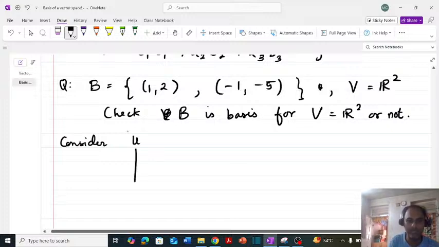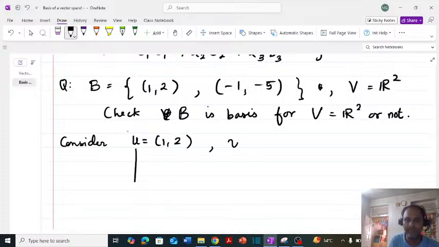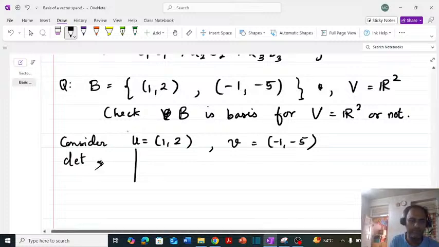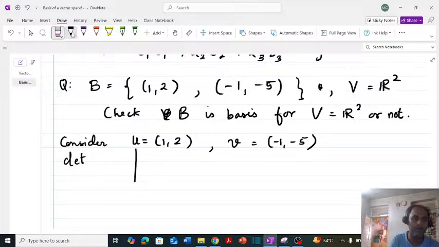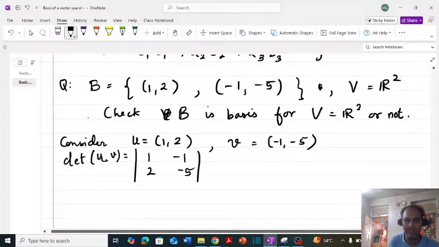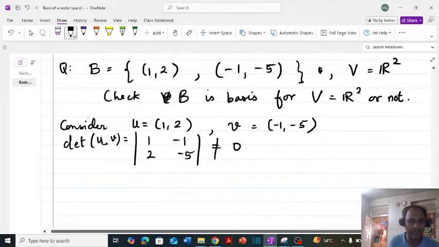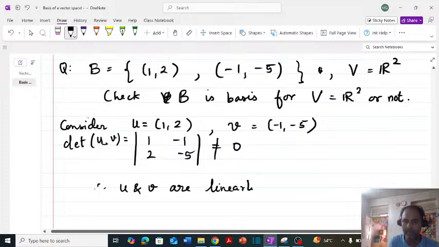Consider u equal to (1, 2) and v equal to (-1, -5). The determinant of u and v is 1, 2, -1, -5, which is obviously not equal to 0, therefore u and v are linearly independent.